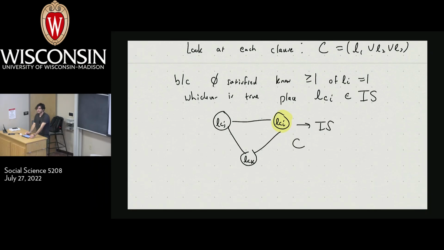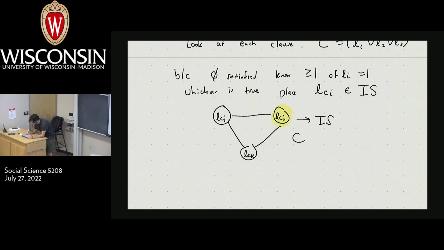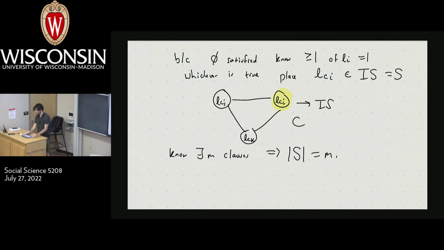Okay? So now we know there's a total of m clauses. That's just by definition. And so since we're picking one node per clause, this implies our set, which I'll call S, our independent set, has size m. So because we picked one node per clause, we have m nodes.